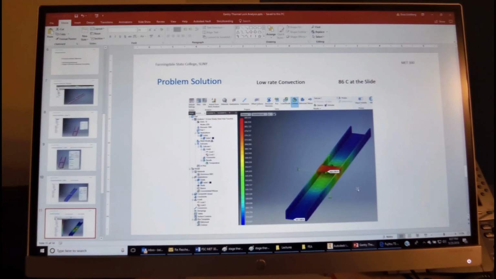We have to also have the convection specification, and we use in the original case a low convection rate and a high expansion rate for the crossbeam.